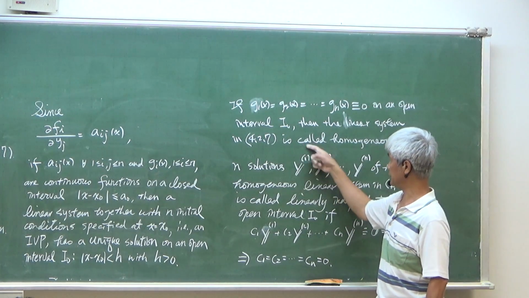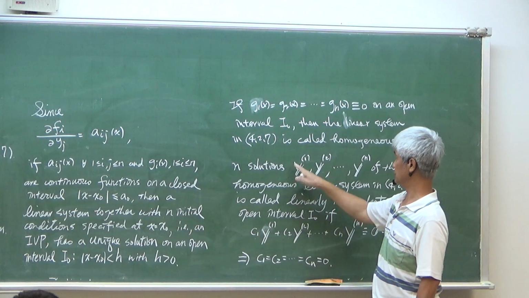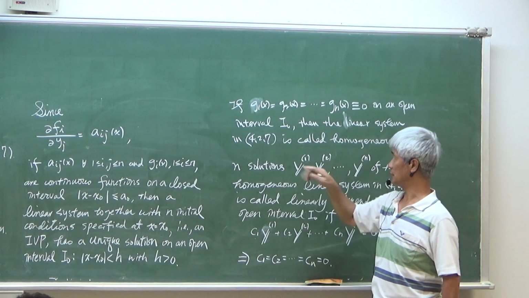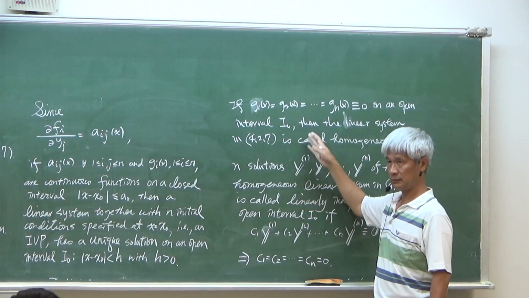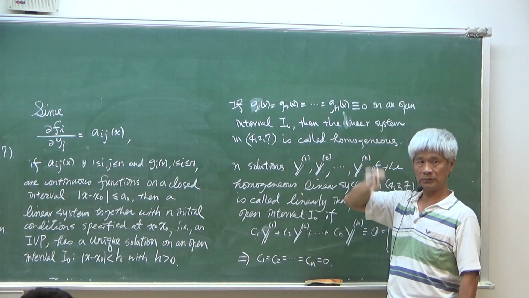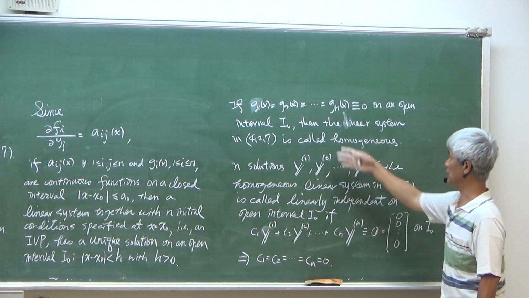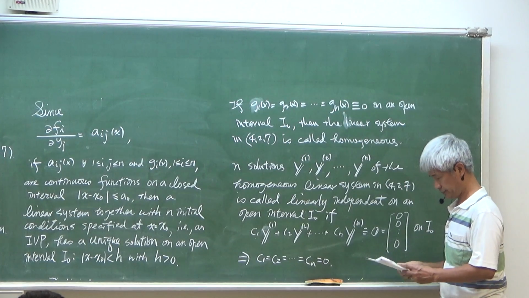Remember, each solution is a vector, because a vector has n components, one for y1, y2, up to yn. So each solution is n dimensional, and we have n such solutions.